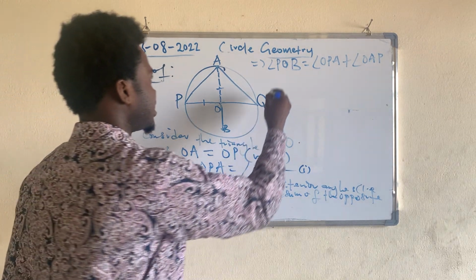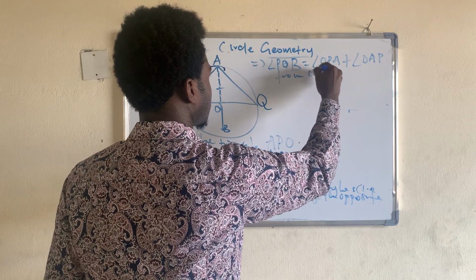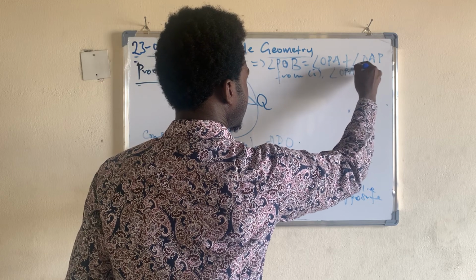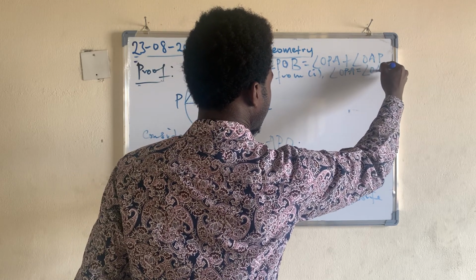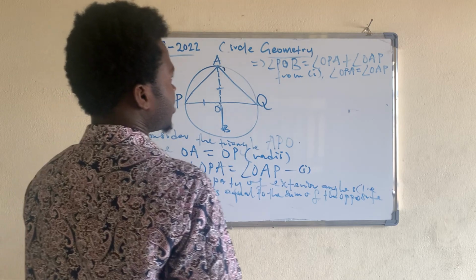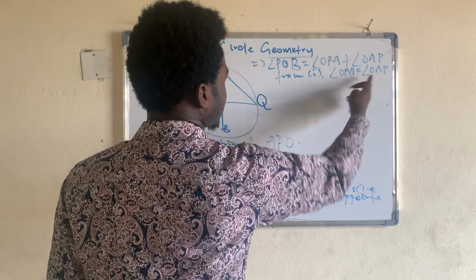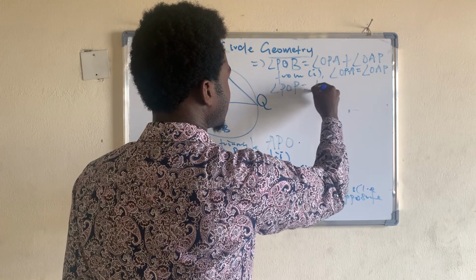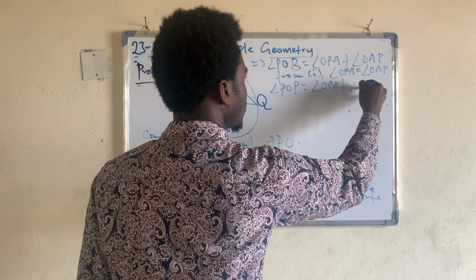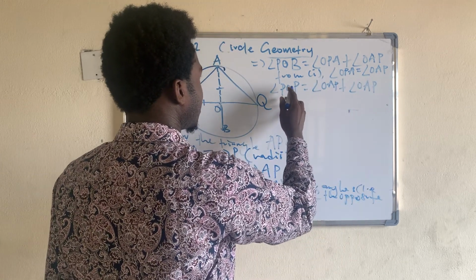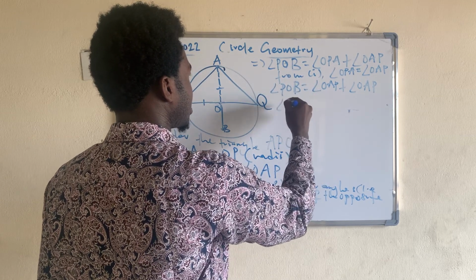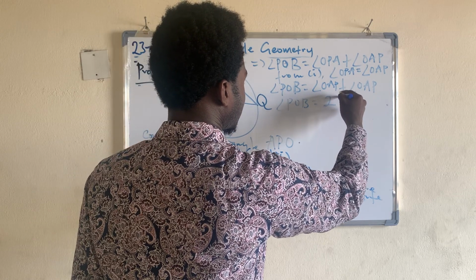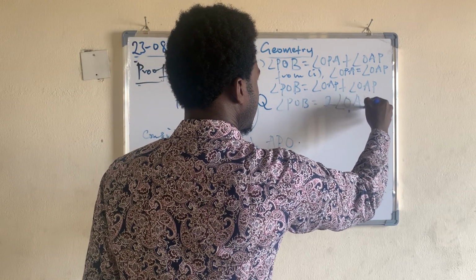So from there, from equation 1, we know that angle OPA is equal to angle OAP. So in place of OPA, I can put OAP, so that POB is equal to angle OAP plus angle OAP, and that means angle POB is equal to twice of angle OAP.